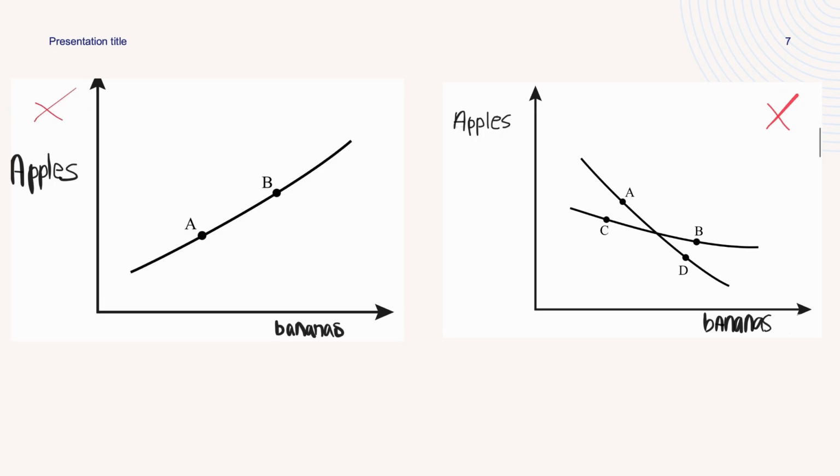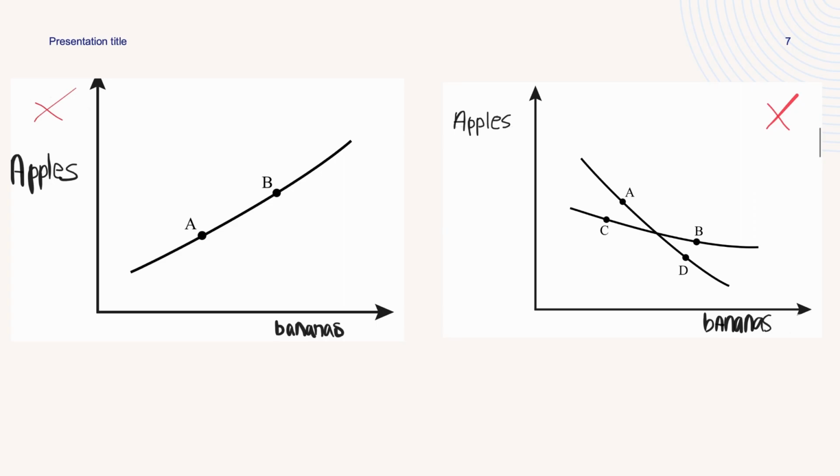But B has more of both bananas and apples than does A. And more is better implies indifference curves are downward sloping, and this first graph violates that. Now, if we look to our right, which is the second graph, you can see that the indifference curves are crossing, but that is not correct.